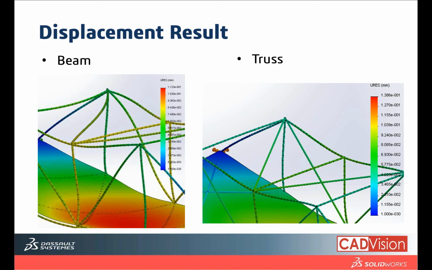So in this kind of case where there are struts and truss members, we need to use truss so that we have more realistic results compared to the beam element. You will notice it is quite clear here, and even the results will be different.